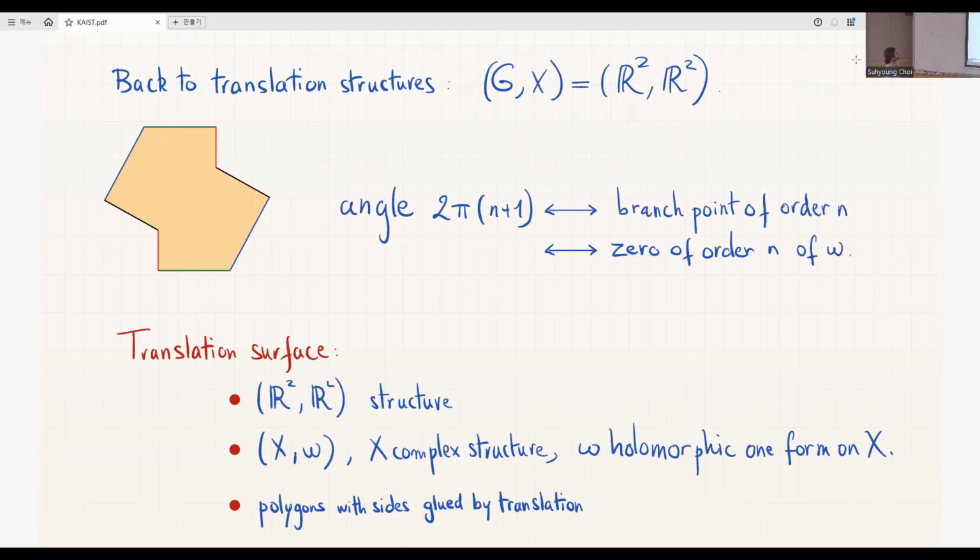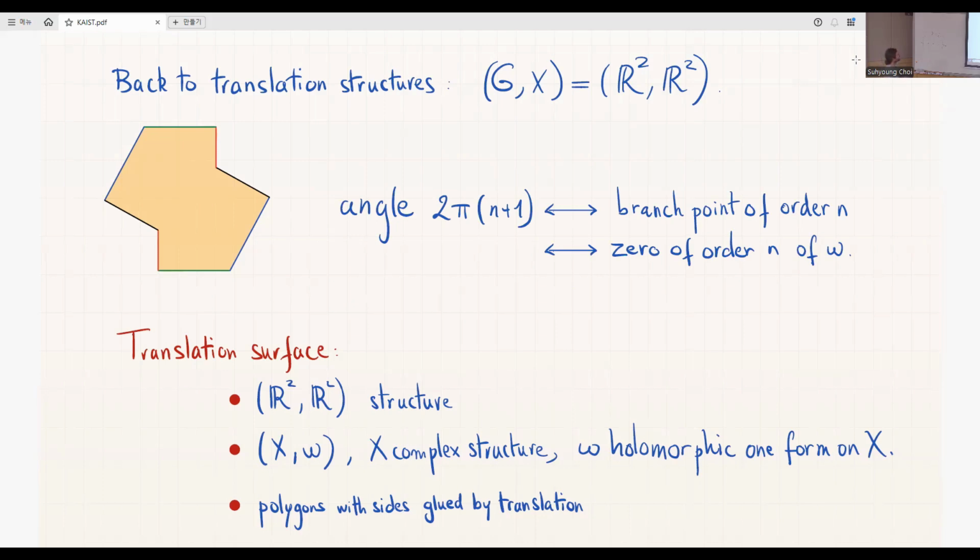Okay? And just to illustrate what the branch points are in this language: the branch points of order n correspond to the vertices of my polygons that have a big angle around them. So for example, this point, if I look around it, will have a very big angle, probably 6 pi.